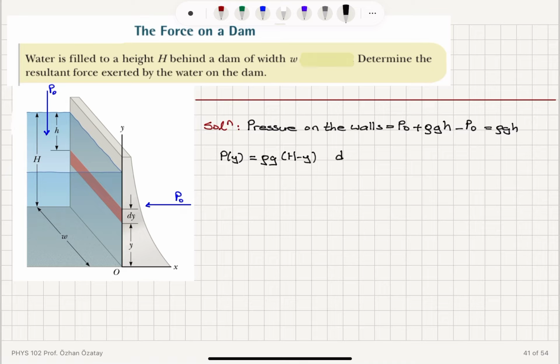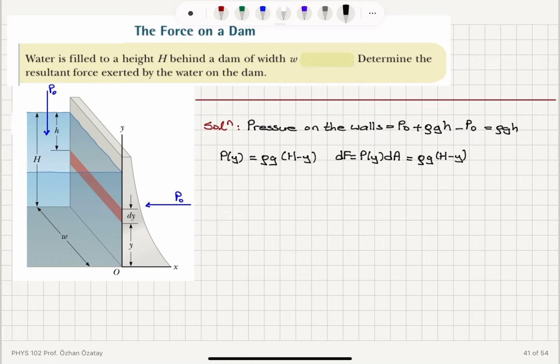And the force that we see for this infinitesimal area here, because this is the region where we have not an appreciable change in y, and therefore the force is approximately a constant. So dF is equal to pressure as a function of y times dA. So this will be equal to rho g (capital H minus y), our pressure, times the area.